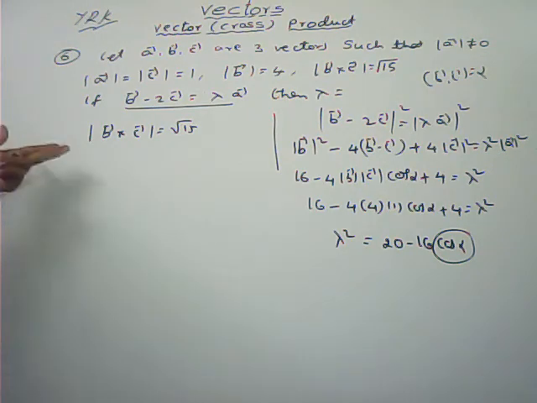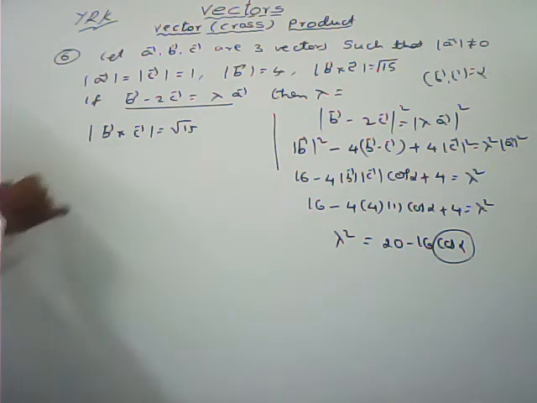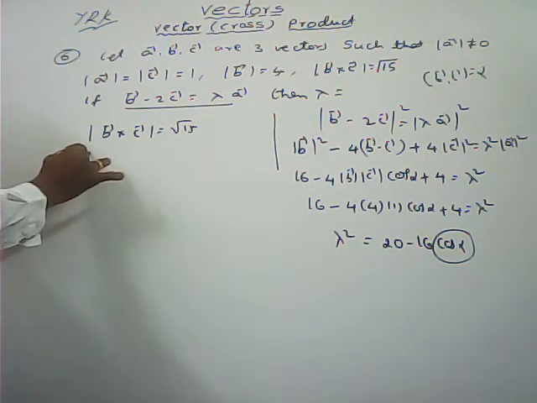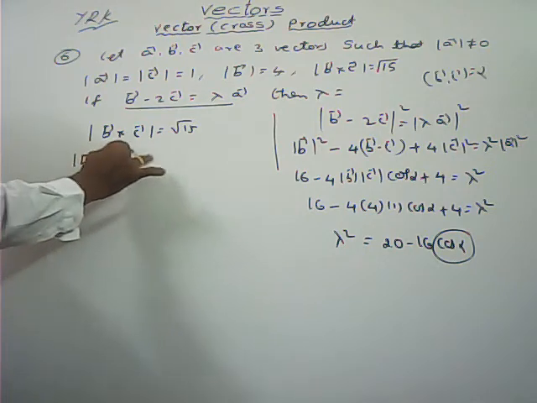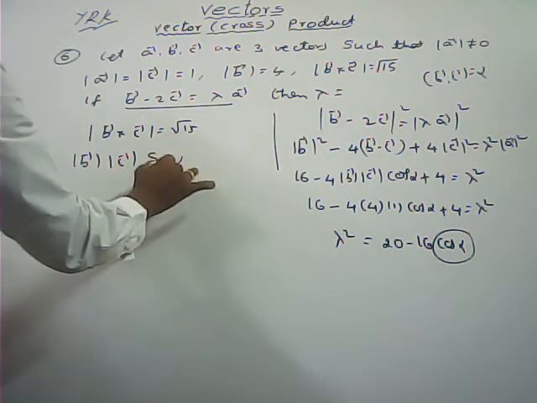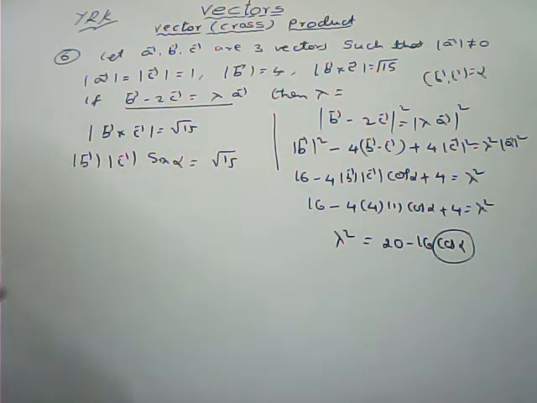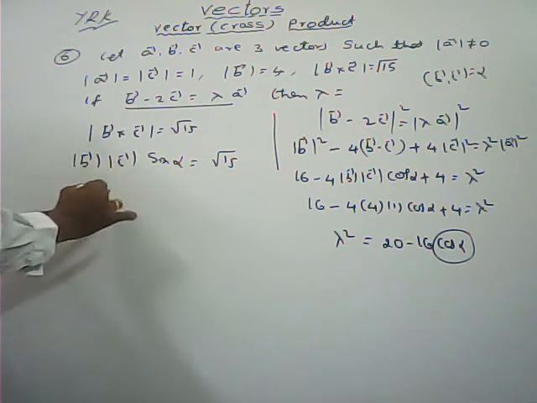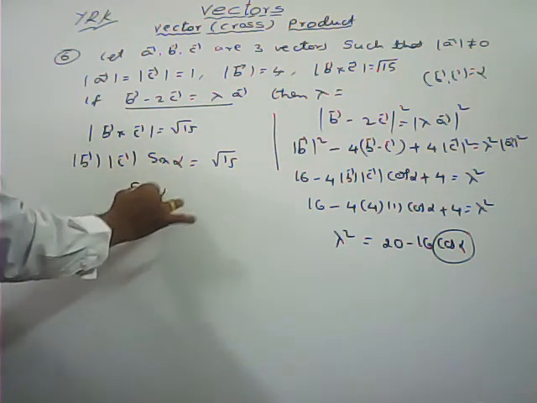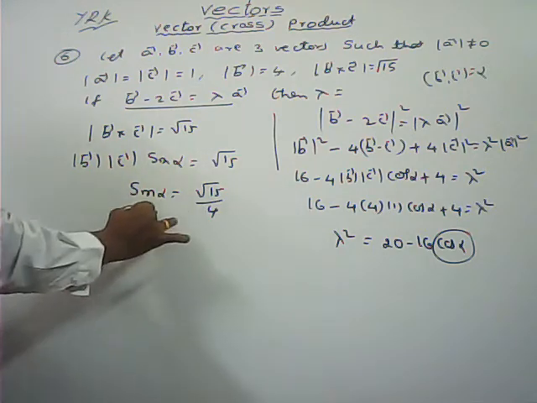And here one more condition is also given. Modulus of b bar cross c bar equals modulus of b bar, modulus of c bar, sine of the angle between b bar and c bar, which I have taken as alpha, sine alpha, and that is equal to root 15. Modulus of b bar into modulus of c bar is 4 into 1, 4 only. So sine alpha equals root 15 by 4. Here we got the sine alpha value.